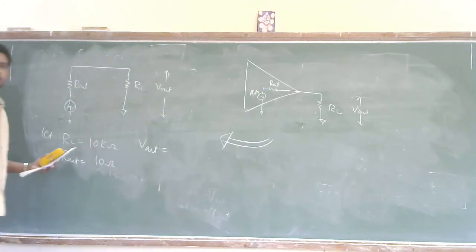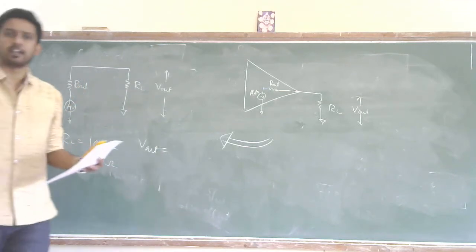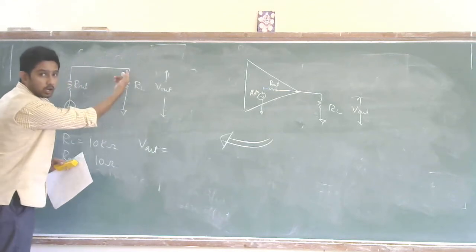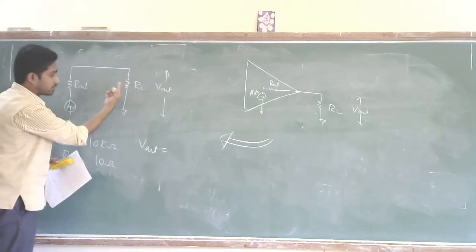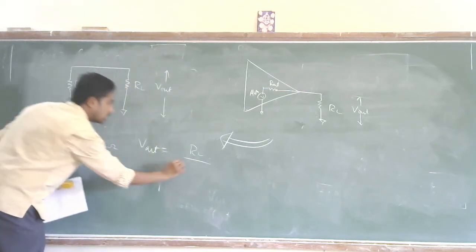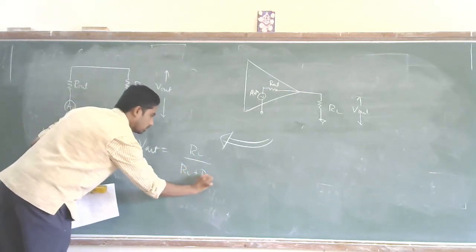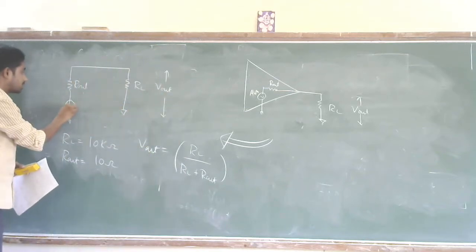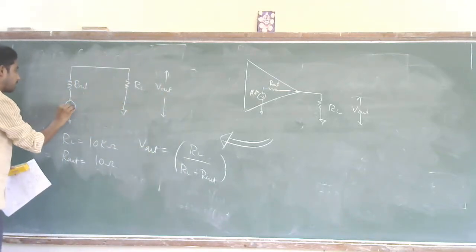Again the same voltage divider rule. Where am I calculating the output? Across RL. So RL will be in the numerator, RL divided by RL plus R out, multiplied by the gain block voltage, that is A into B.